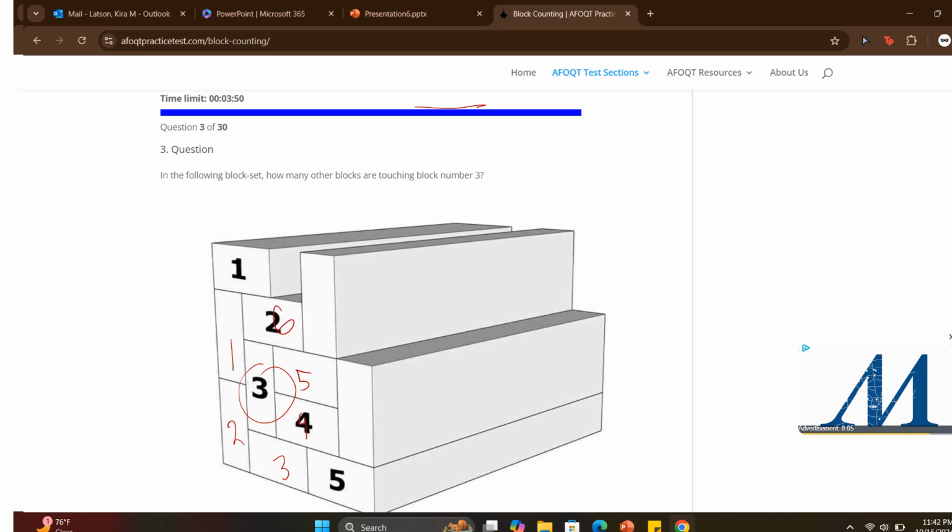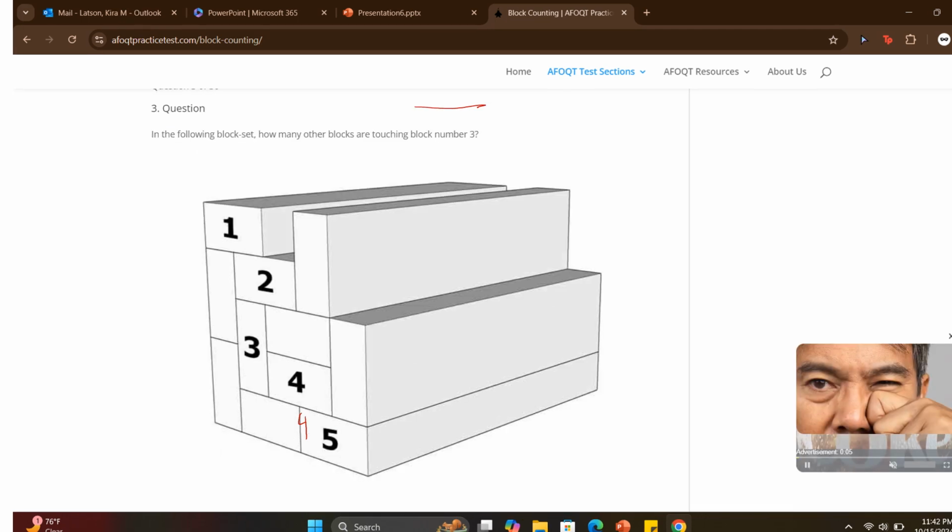This one's also a really easy one, just as easy as the first one. They're all really close and you can see everything. So the answer for this one is 6. Six blocks are touching. Let's move on to the next one.